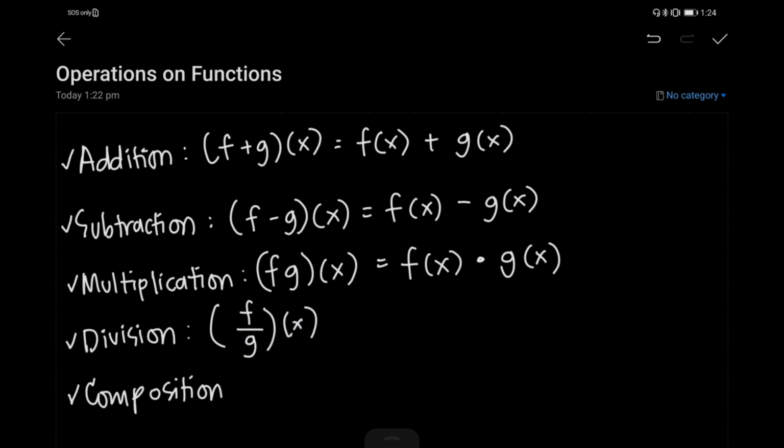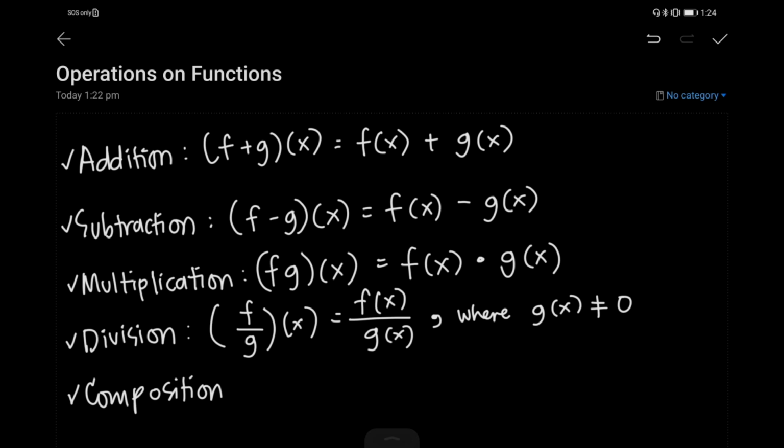It means you are just going to divide your f function by your g function. Here we have the restriction that the value of your g of x must not equal 0, because if our denominator becomes 0, the operation becomes undefined.